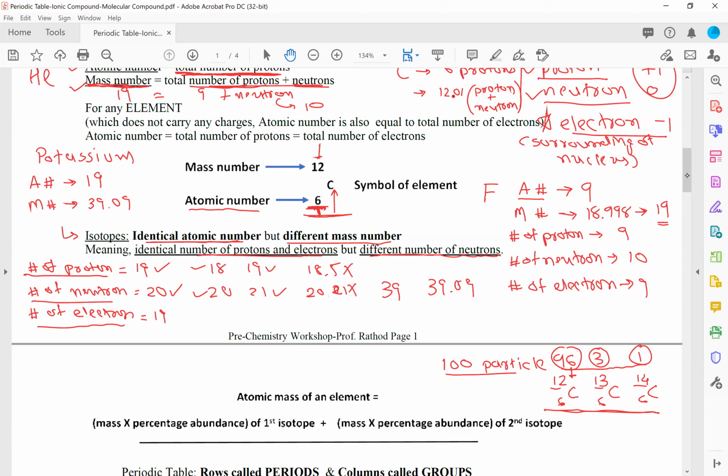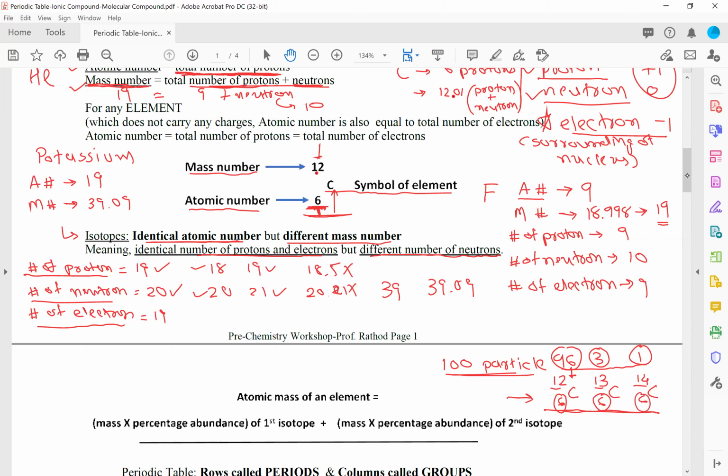It means if you ever see a presentation like this, the lower number represents the atomic number, which is the number of protons. Then there is a symbol of an element, and the number on the top represents the mass number. What is the mass number? Again, the mass number is the number of protons plus the number of neutrons. And as I just said, isotopes are the ones which can have the same atomic number.